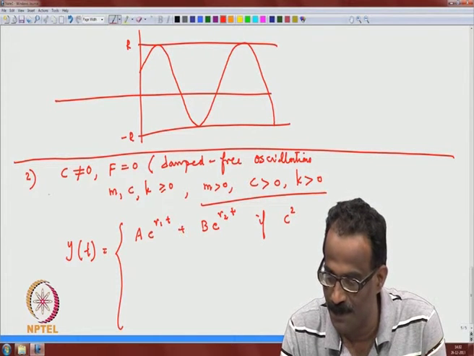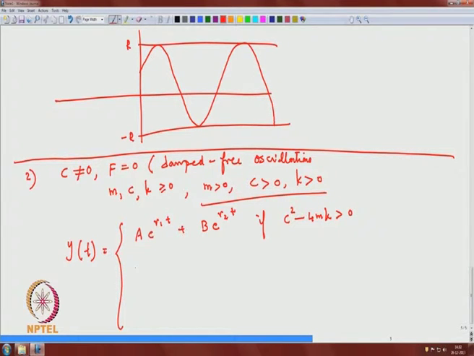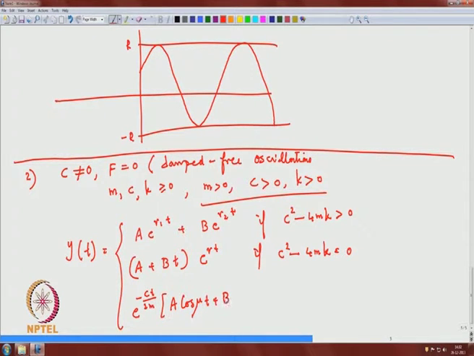If I write down that one, it will be c square minus 4mk positive, and it will be (a + bt) e^(rt) if c square minus 4mk equal to 0, and it will be e^(-ct/2m) times maybe a cos mu t, exactly as written down, plus b sin mu t, if c square minus 4mk is negative.